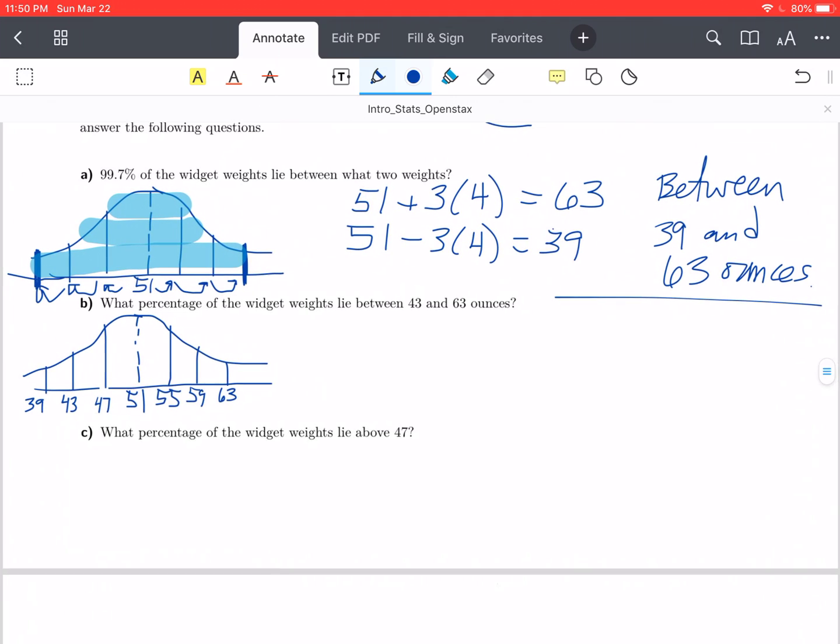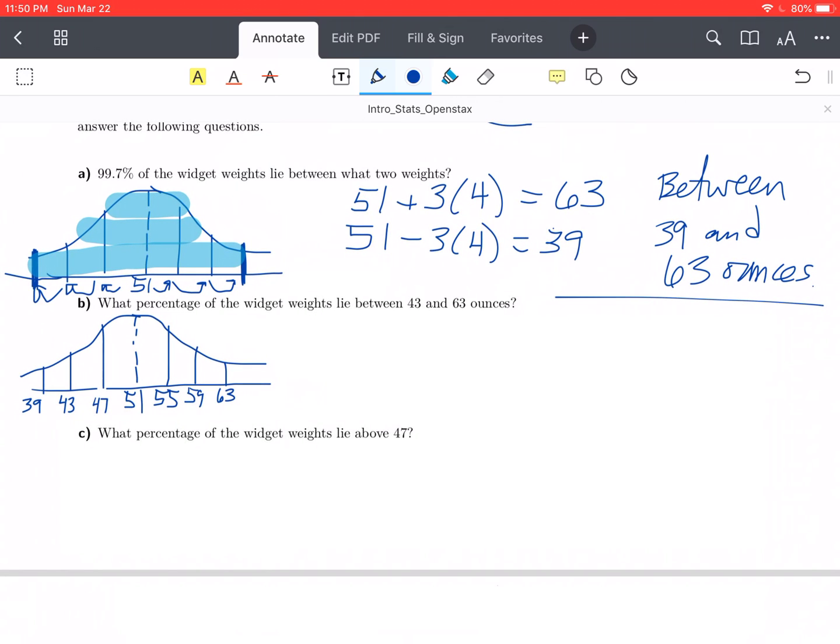Okay. So we want the percentage that lies between 43, so right here, and 63, right here. So that's going to be everything in here. And we can get this information again from the empirical rule.